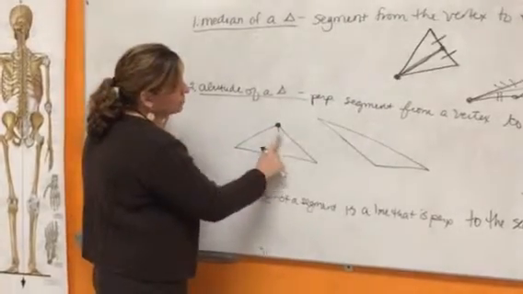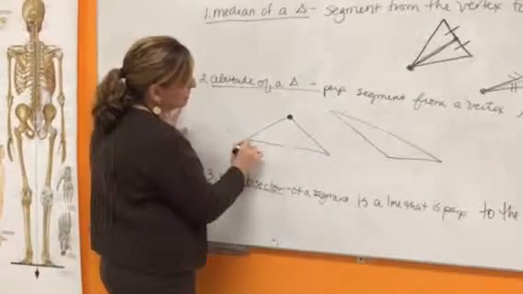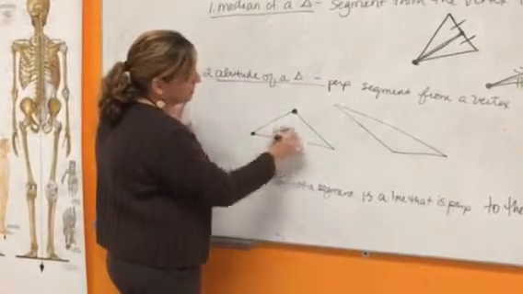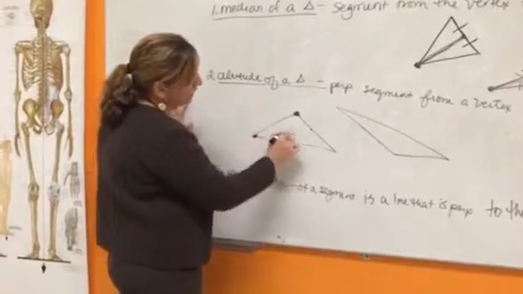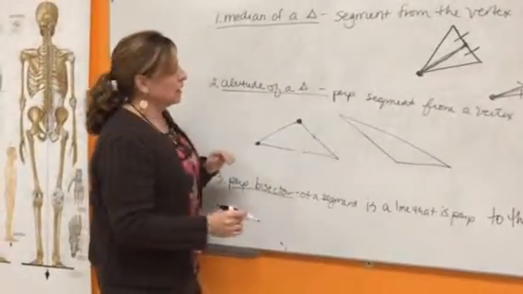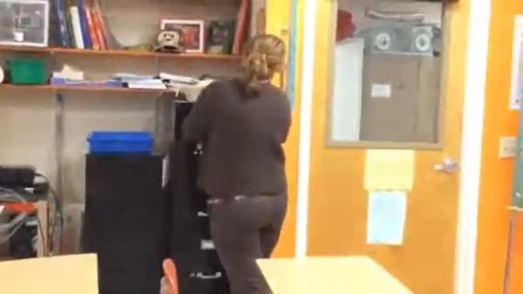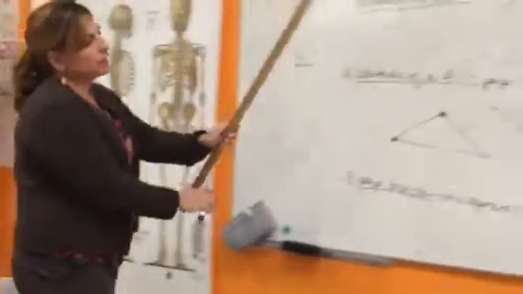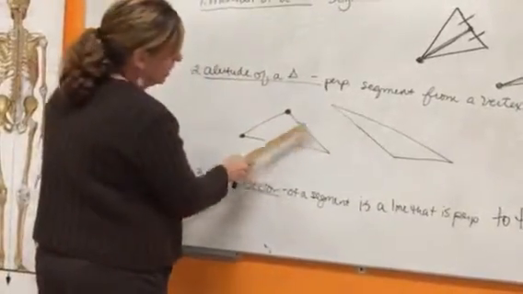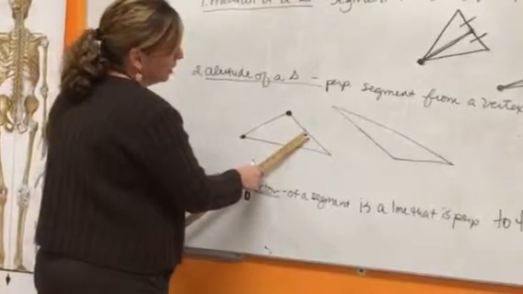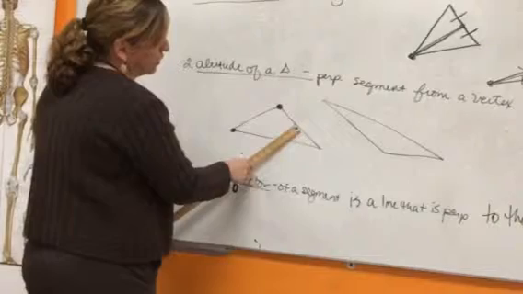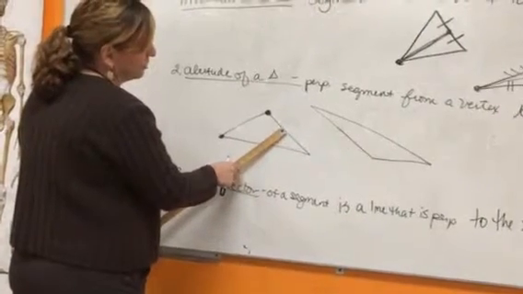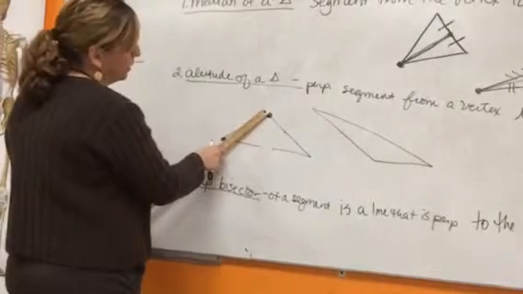If I wanted to draw an altitude from this vertex to this side over here, I would have to draw a line that's going to make a 90-degree angle. One way you could do it is take your ruler and line it up on the side that you want to draw the perpendicular, or the altitude, to, and kind of follow it along and see where it hits.